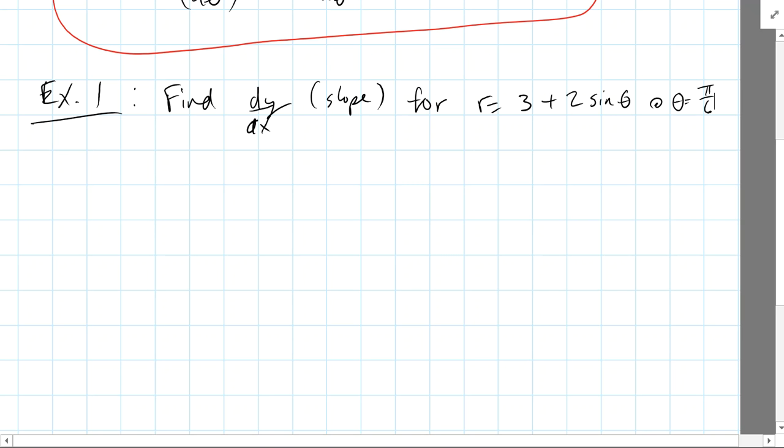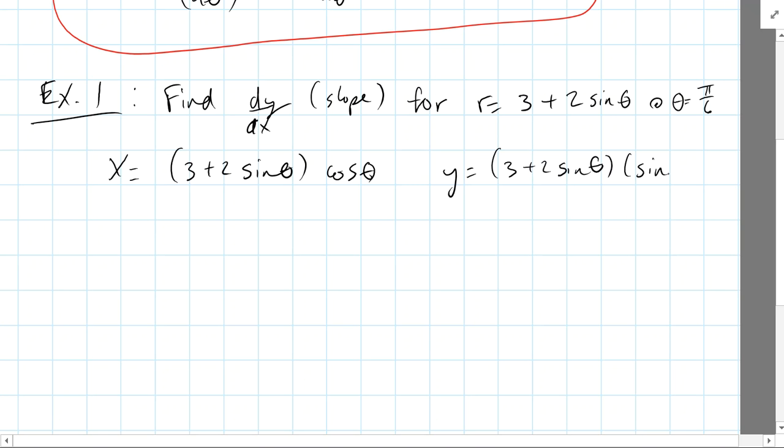First you have to write x. So x is equal to r, which is 3 plus 2 sine theta, times cosine theta. And then y is equal to 3 plus 2 sine theta times sine theta.